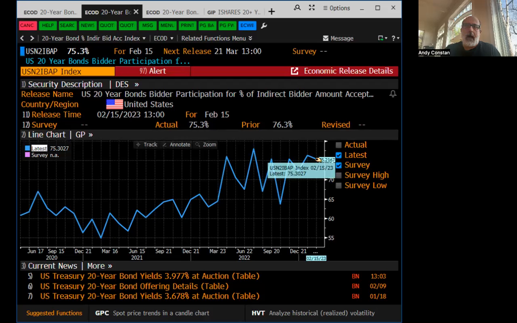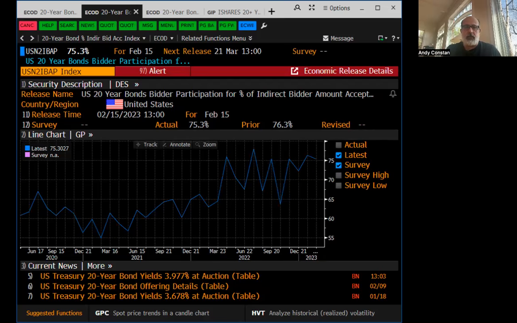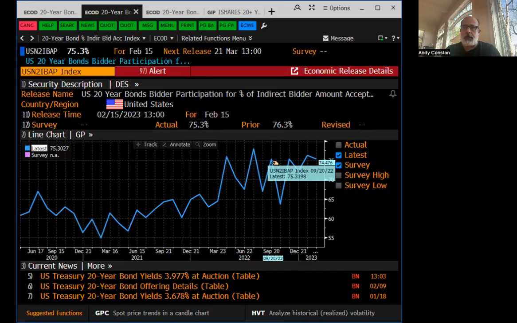And often we care a lot about foreign demand for our Treasury securities because they may have non-economic reasons, managing their currency for one, and you can see central bank participation in that indirect flow. And so indirects being very strong generally means foreigners are using US dollars to buy US dollar assets, and so a good auction, one that's showing liquidity, has a high indirect. And as you can see, lately, even throughout 2022, the indirects have been strong.